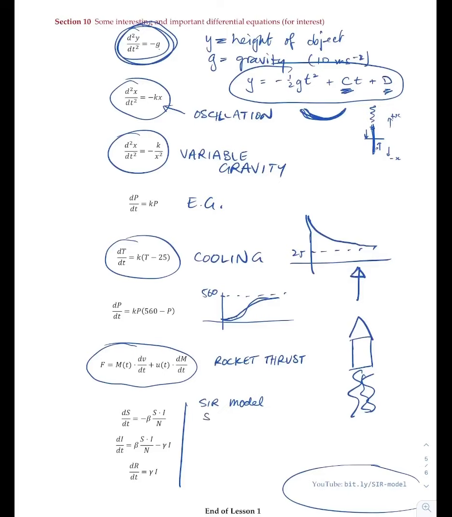S for the population that is susceptible to the disease, i.e. they haven't had it yet, so they could catch it. I for the part of the population that's currently infectious, so they can infect other people. And R for recovered: people who have gotten better and won't get the disease again. So S plus I plus R equals the number of people in the community.